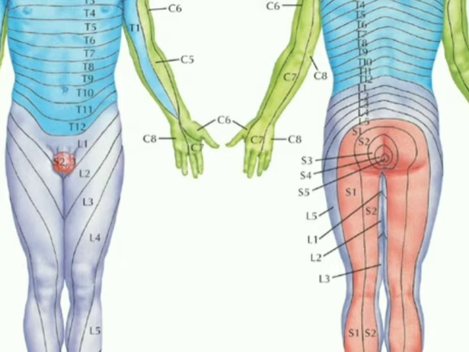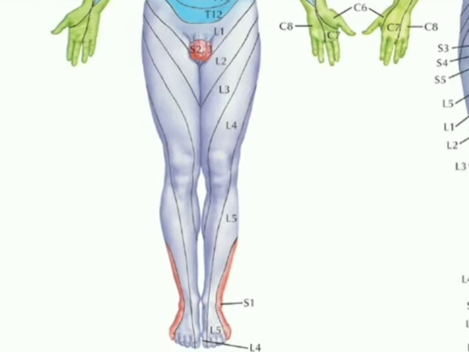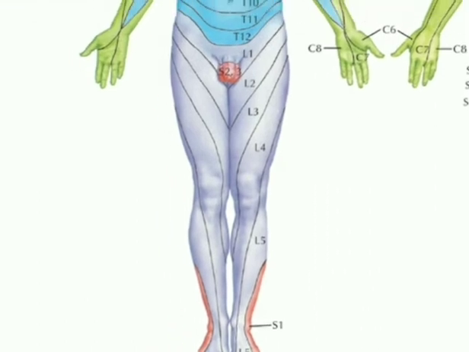From the anterior point of view, L1 is the hips, and L2, L3 have the front and thigh region. L4 has the thigh region and also the back of the calf region.